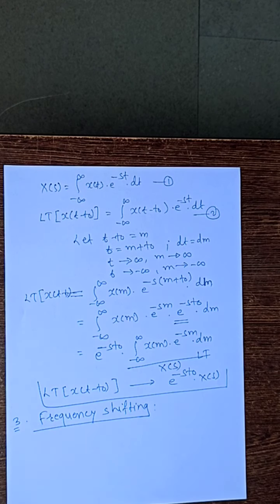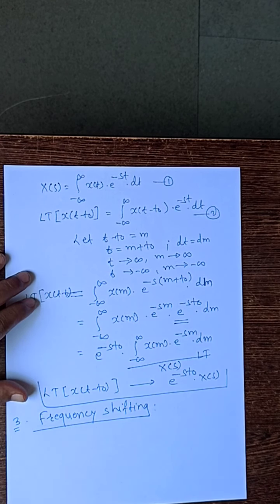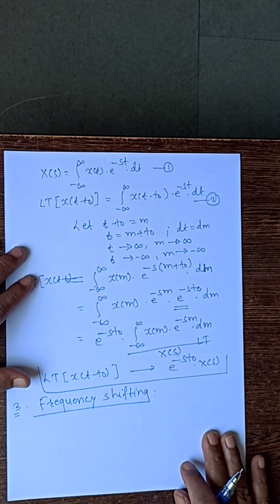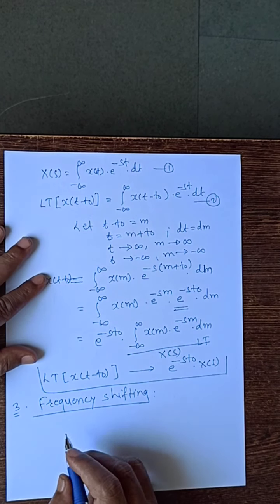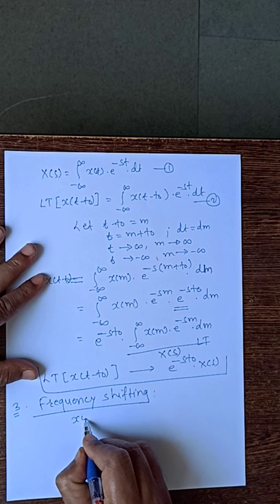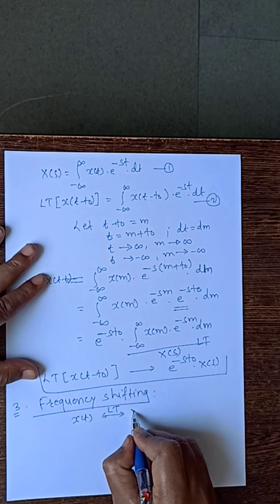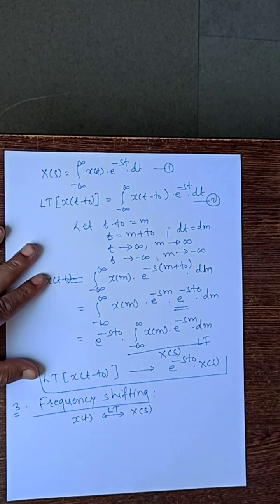So in frequency shifting, you are shifting the frequency in the frequency domain. So definitely there will be an effect of shifting the frequency in the time domain. So we'll check what is its effect. x(t), its Laplace transform, is equal to X(s).